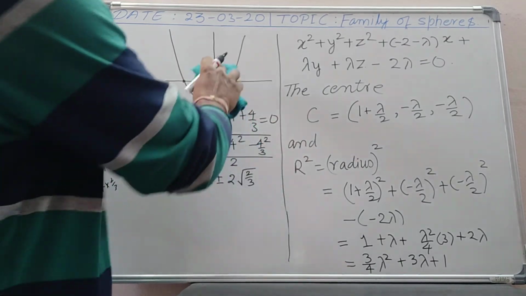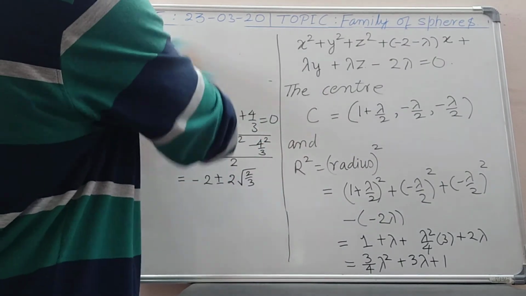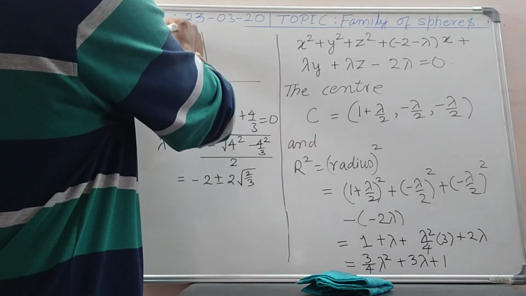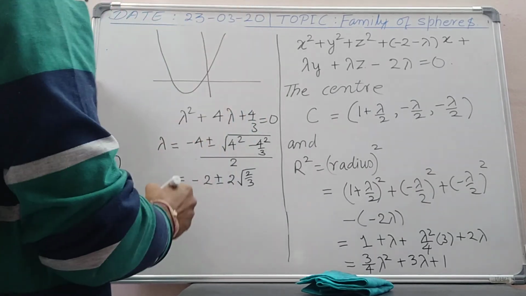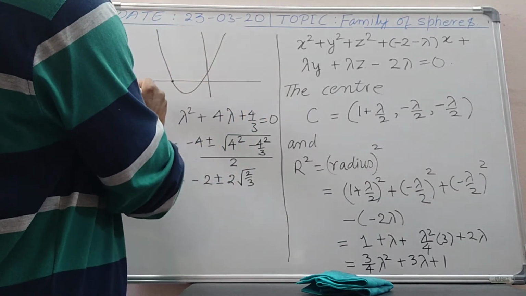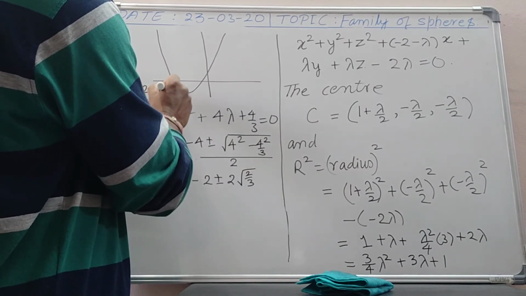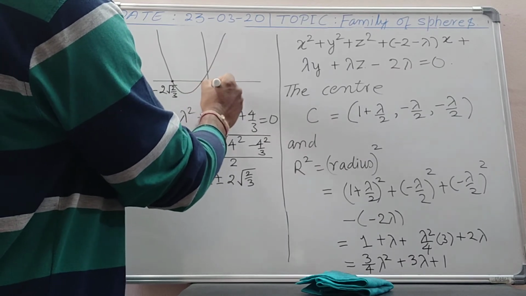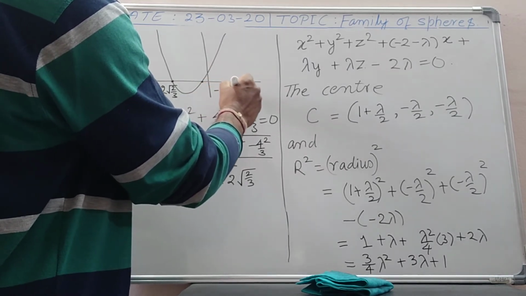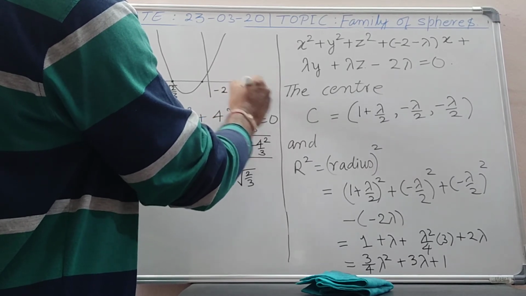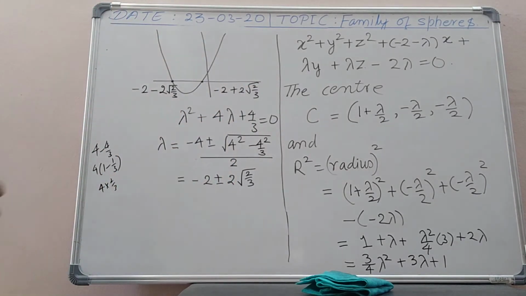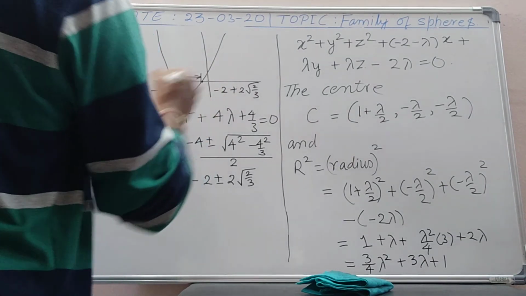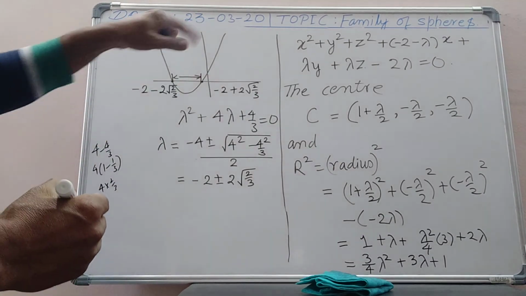Okay, so the parabola is going to look like this. This point is minus 2 minus 2 root 2 by 3, and this point is minus 2 plus 2 root 2 by 3. Okay, so for all the values of lambda between these 2 points, f of lambda takes a negative value.